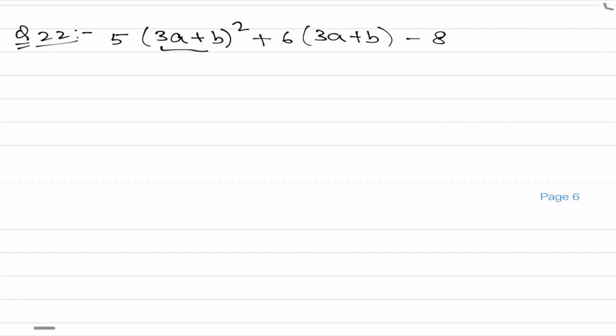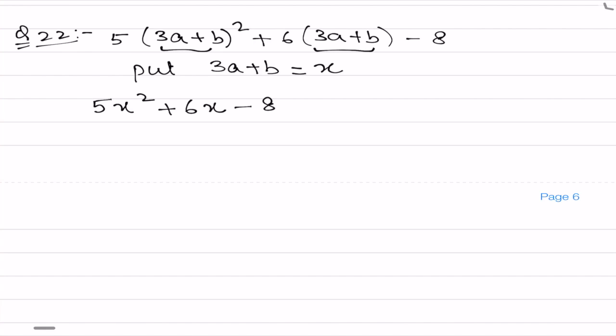Here you can see that in the first and the second term 3a plus b is the same. So what we have to do, we will put 3a plus b equals any variable except a and b, because a and b are already in the equation. So 3a plus b is equal to x. So it becomes 5x square plus 6x minus 8.